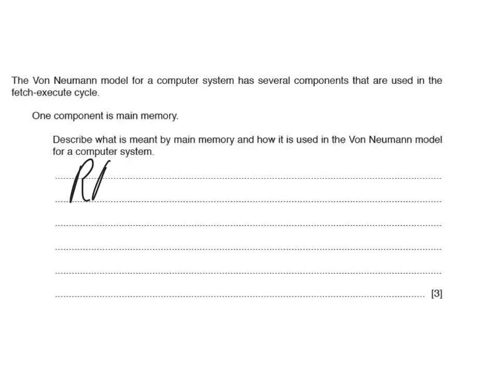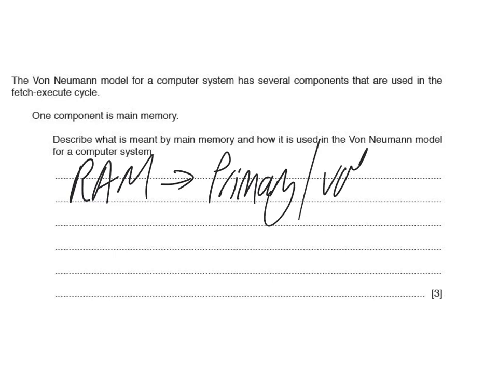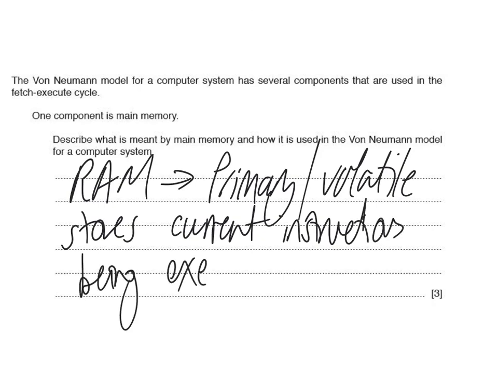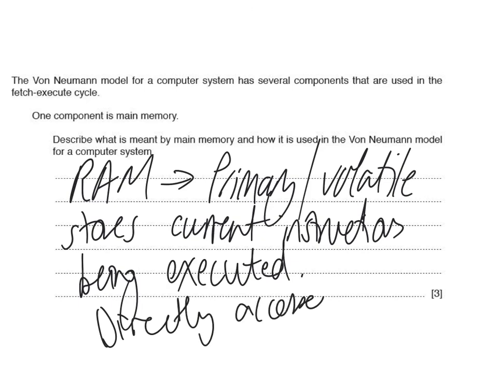So RAM, we can mention here, it's primary, it's volatile, and it stores the current instructions being executed, and it's directly accessed by the CPU.